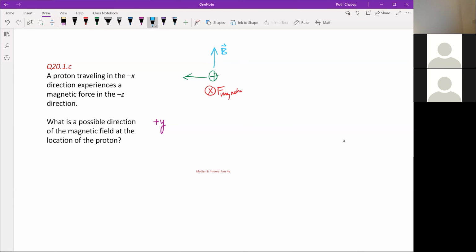So we get V cross B in the negative z direction. But what if the magnetic field had a component in some other direction? So what if the magnetic field had a component that was in the minus x direction also?